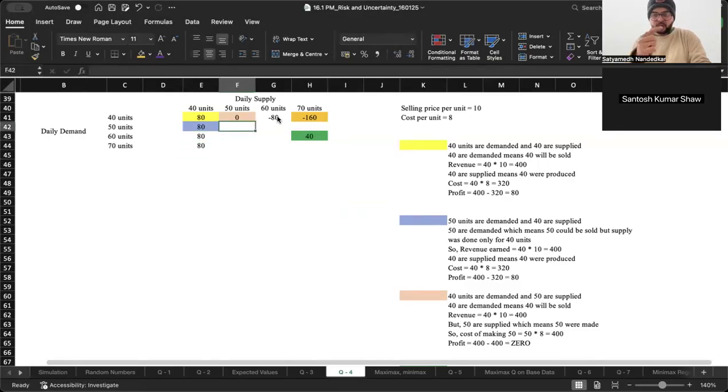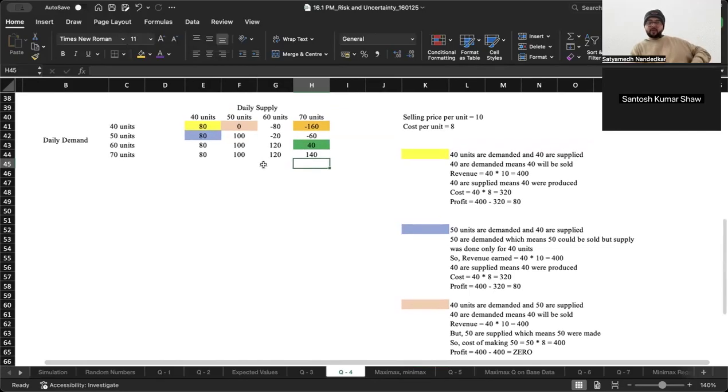I want you to redo the calculations once on your own. Then this would be 100, 100, 100. This would be minus 20, 120, 120, minus 160, minus 60, and 140. This is how the payoff table is constructed. This is your payoff table.